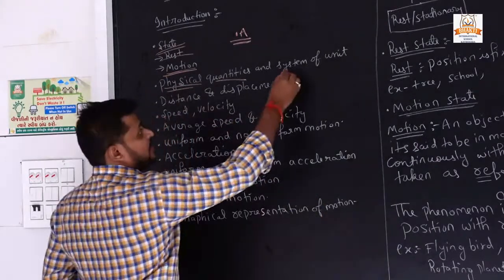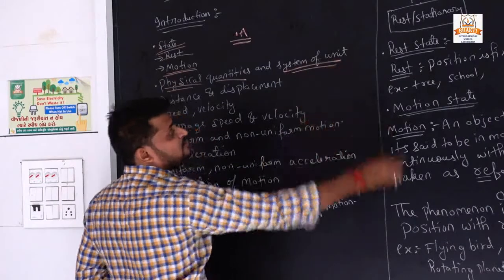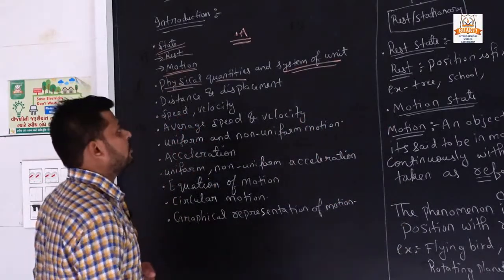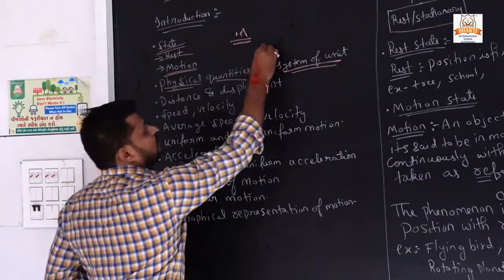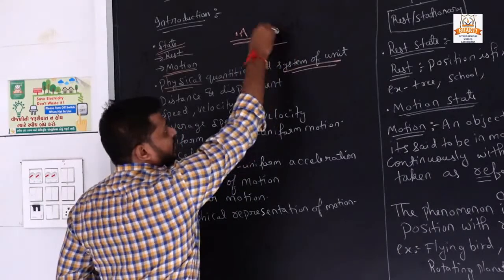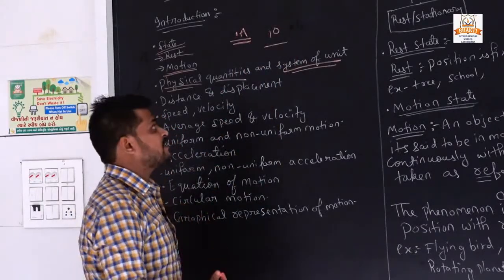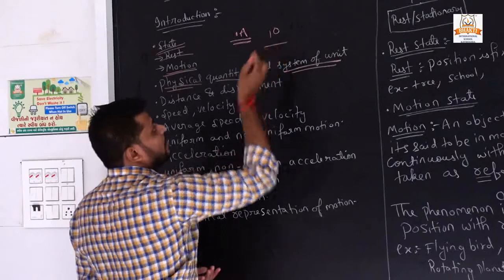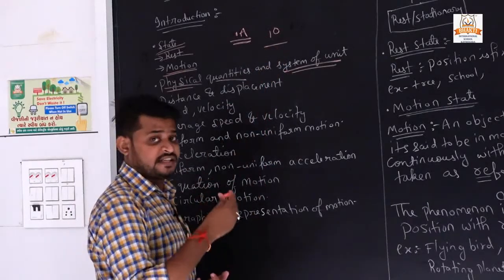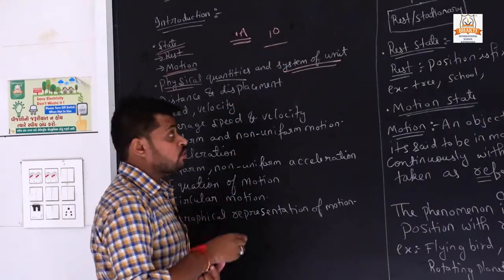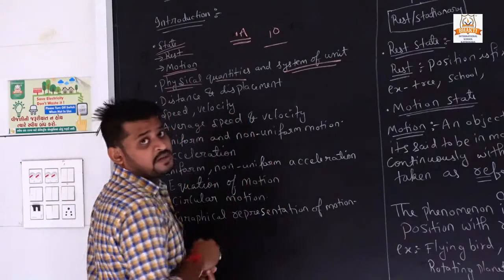The SI system of unit: I told you right now, if the length of a pen is 10, how will we recognize what the actual length of this pen is? 10 meter, 10 centimeter, 10 kilometer? It is not acceptable.